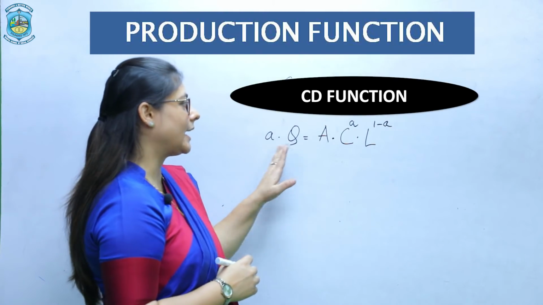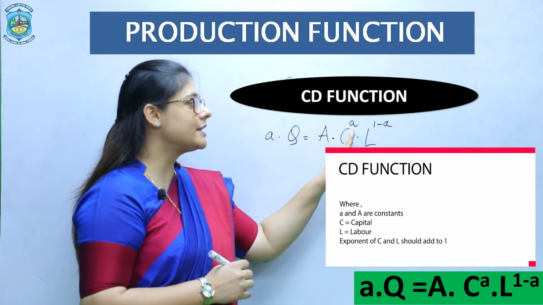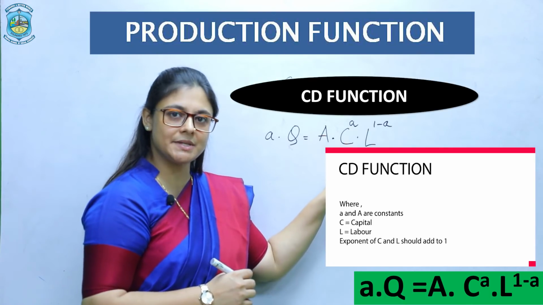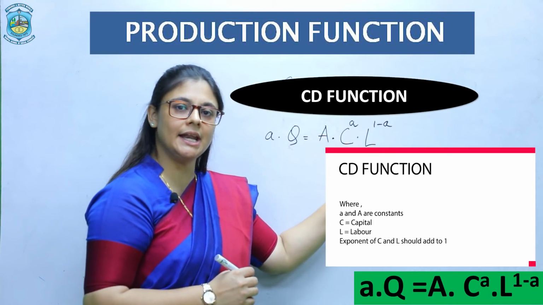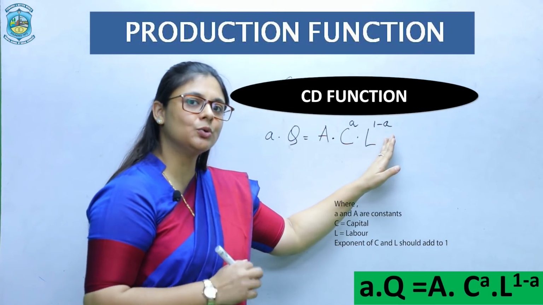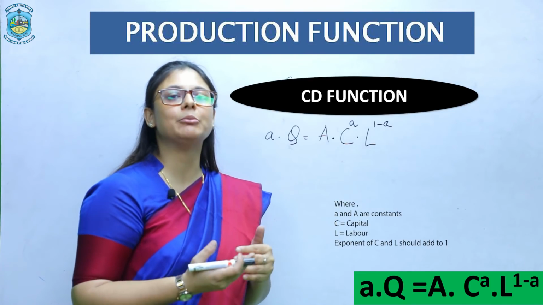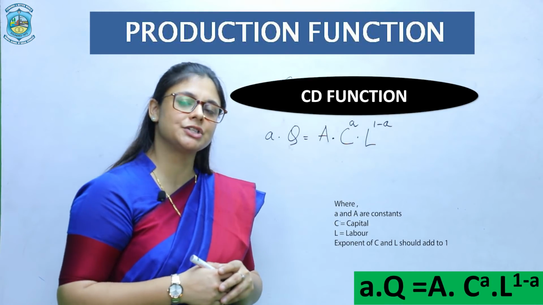Here A and small a are constants. The exponents of C, that is capital, and the exponent of L, that is labor, both of them should add to 1. In the further sections, we will go on to elaborate the Cobb-Douglas production function also.